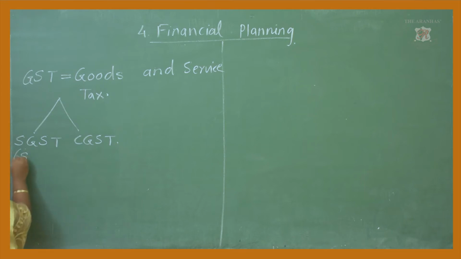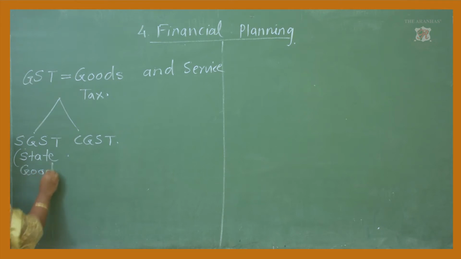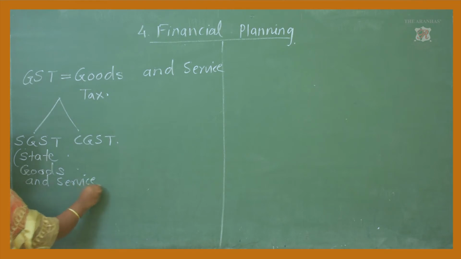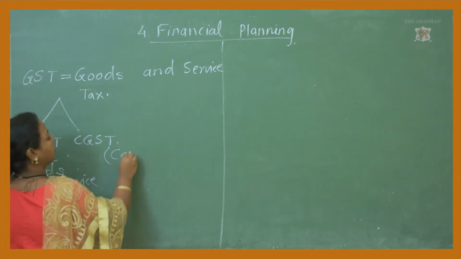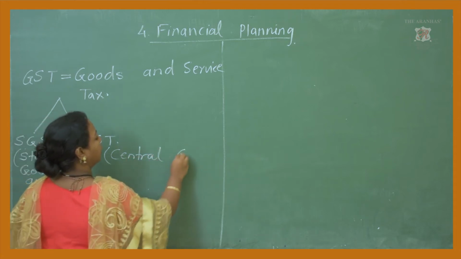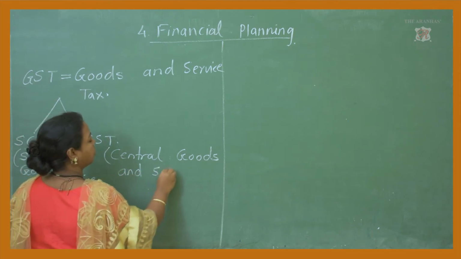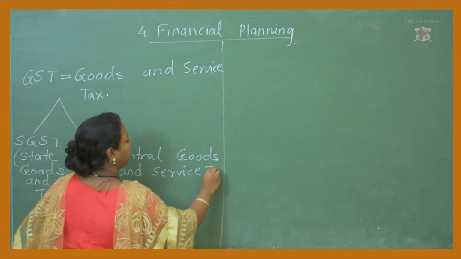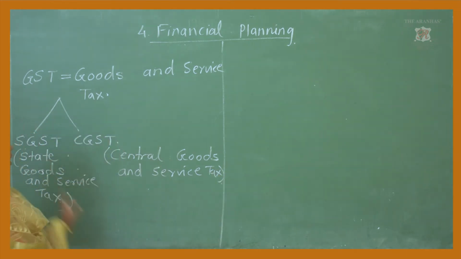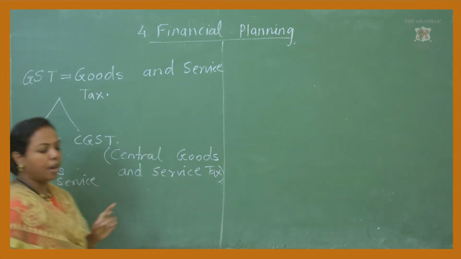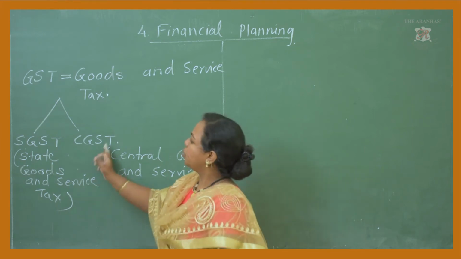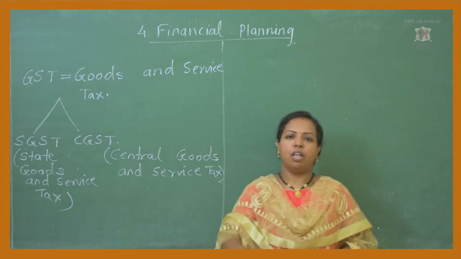This is the State Goods and Service Tax and this is the Central Goods and Service Tax. Now, these two values are always equal, and these two rates are always equal.